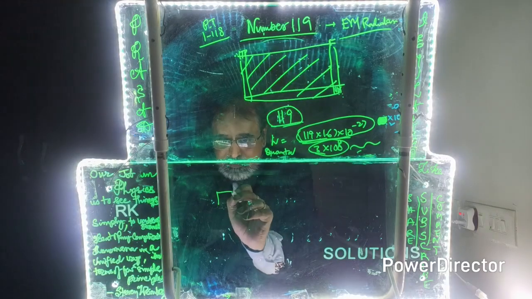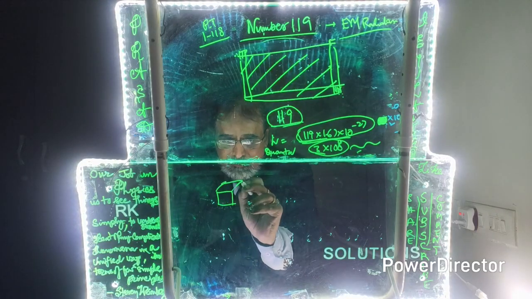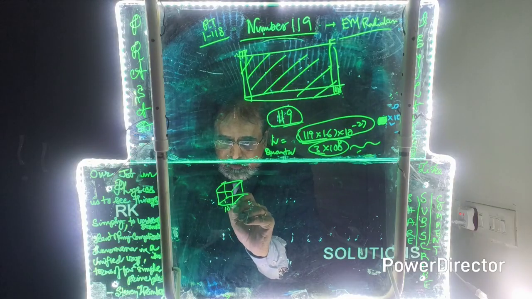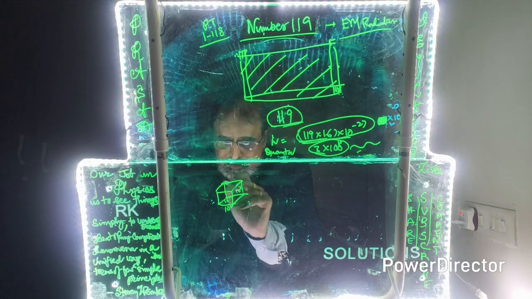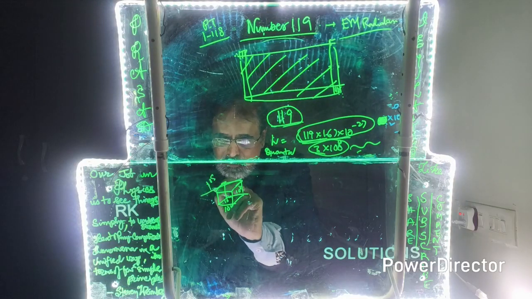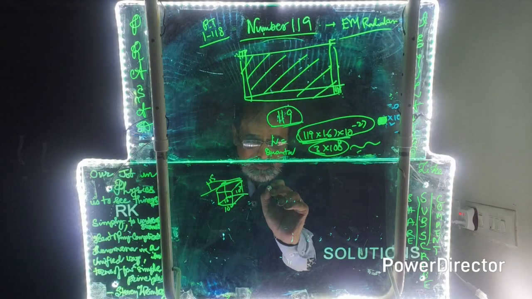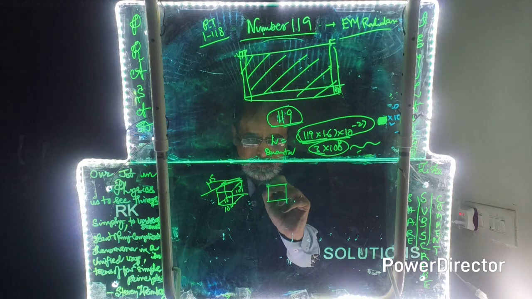All the while I have been explaining about 10 square, 10 raised to 4, 10 raised to 6, 10 raised to 8, all that stuff, right? But I didn't tell you what if.